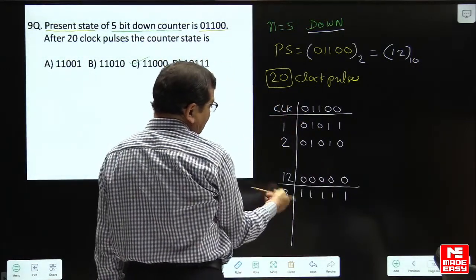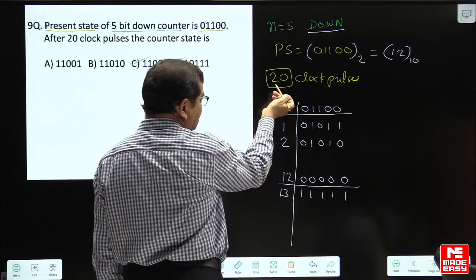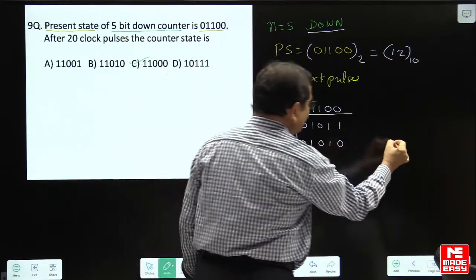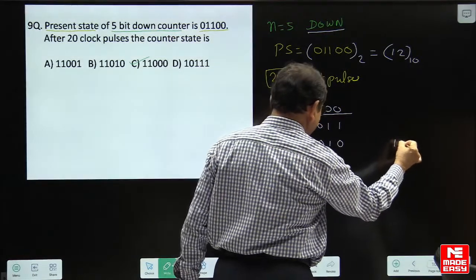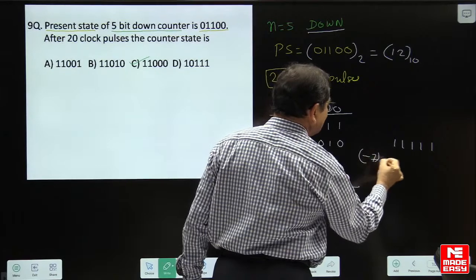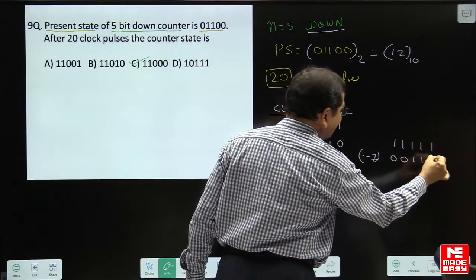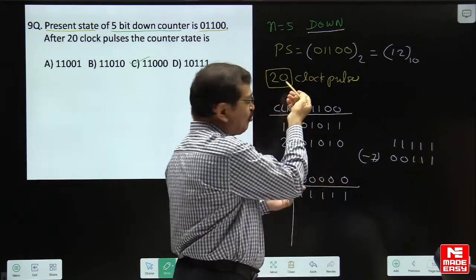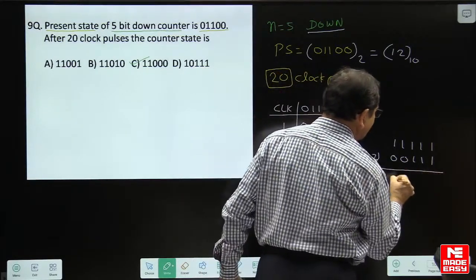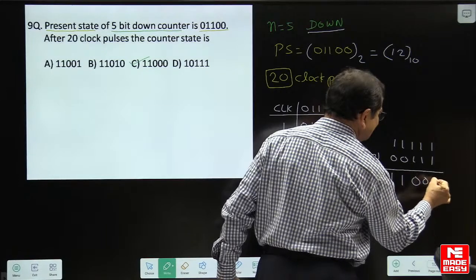Till now 13 is complete. How many remain? After 13, 7 clock pulses. So from this we need to subtract this 7, because after 13, 7 clock pulses remain. So we can see here now it will be 1, 1, 0, 0, 0.